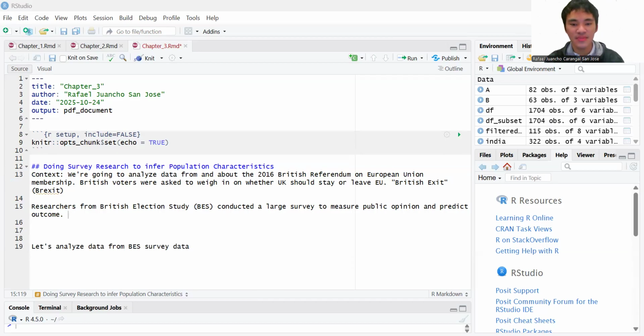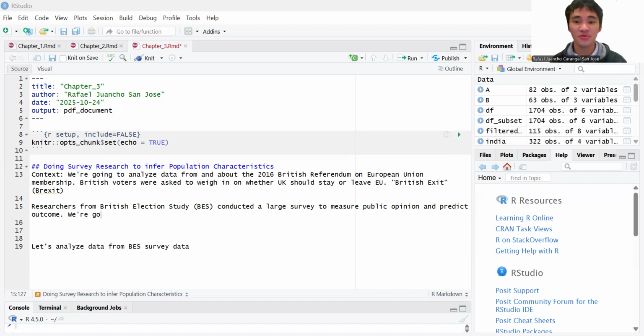I keep on saying we're going to analyze data. But basically, we're going to analyze data to measure the support for Brexit and determine the demographic makeup of Brexit supporters. So what is it about these Brexit supporters?